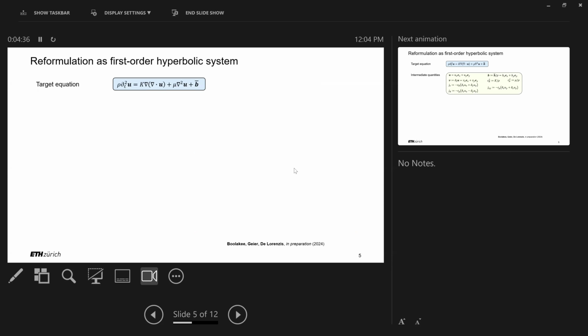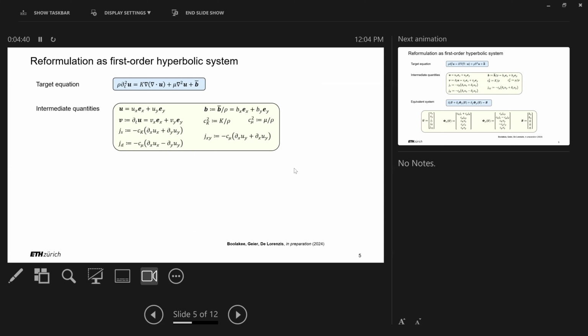Okay, starting from this target equation here, we introduce a few intermediate quantities. First thing is we assume a Cartesian reference frame with the unit basis vectors Ex and Ey, and then we express all of our vectorial quantities with respect to this basis. So we have the scalar components Ux, Uy being the displacement components in the respective directions.